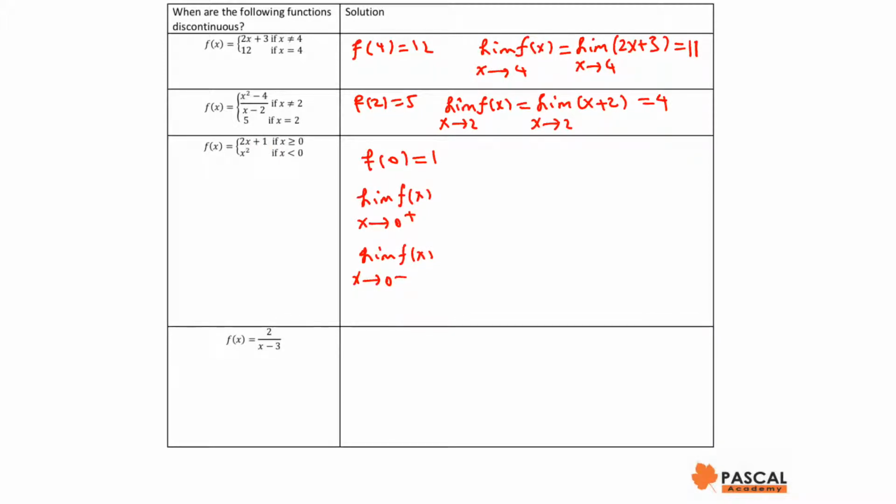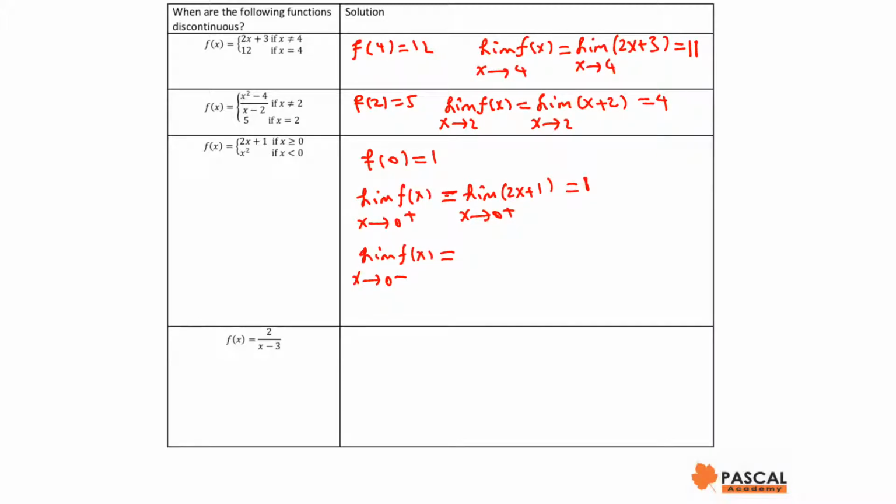It is 1. For the right side limit, we use the rule for x greater than 0, 2x + 1, and this limit would be 1. So far, the right side limit and the value of the function are the same. We say the function is continuous from the right side.